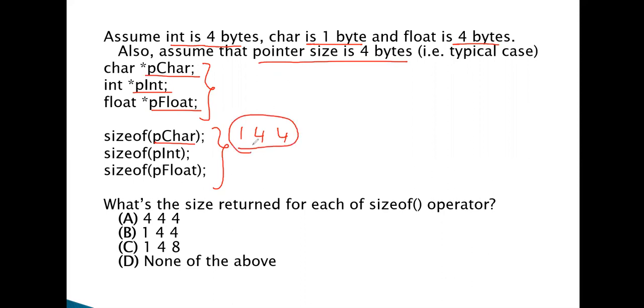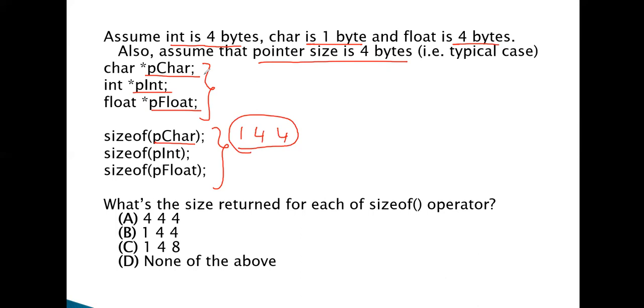But observe carefully. Here, pchar is a pointer which stores the address of a character variable. pint is a pointer which stores the address of an integer variable. pfloat is a pointer which stores the address of a float variable. That means in all the cases, it stores the address of some variable.